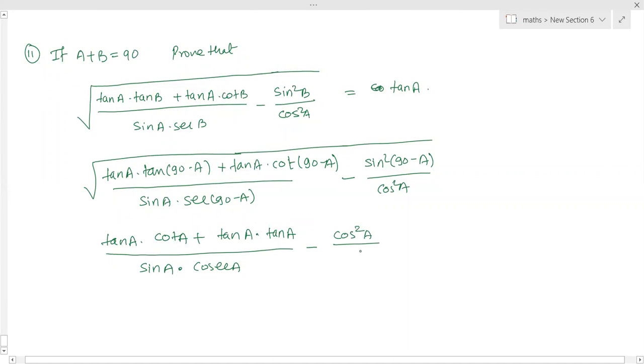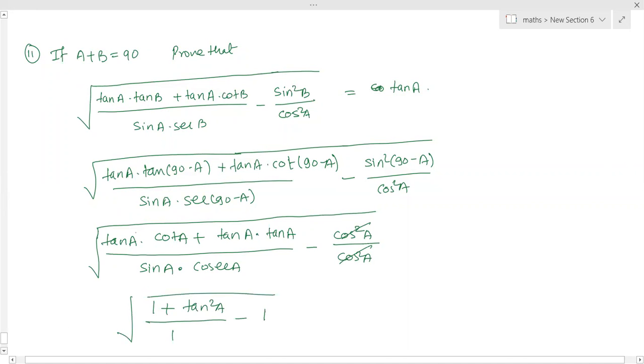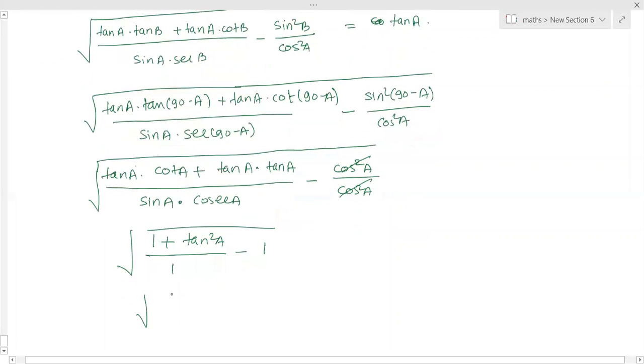Cos A. Cos square A by cos square A. This is everything inside the square root. So this gets cancelled. Tan into cot becomes 1, plus tan into tan, tan square A, divided by sin into cosec becomes 1, minus 1. Square root of 1 plus tan square A minus 1. This 1 gets cancelled. Square root of tan square A is equal to tan A.